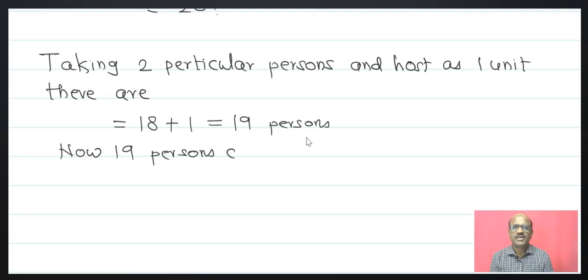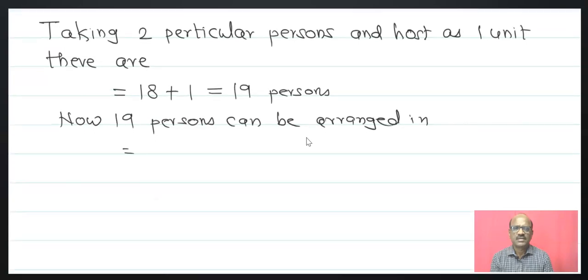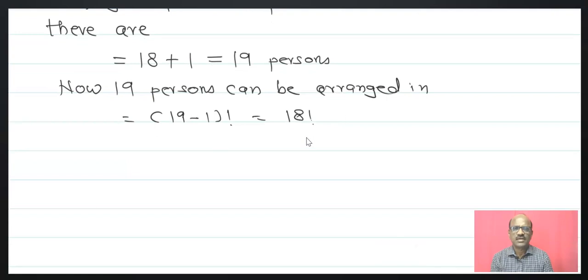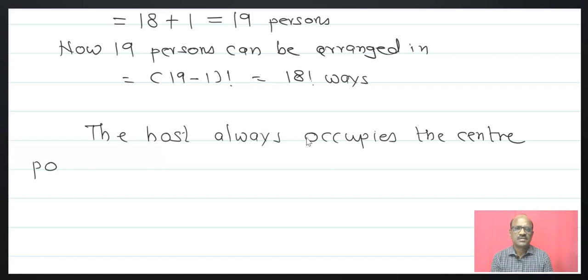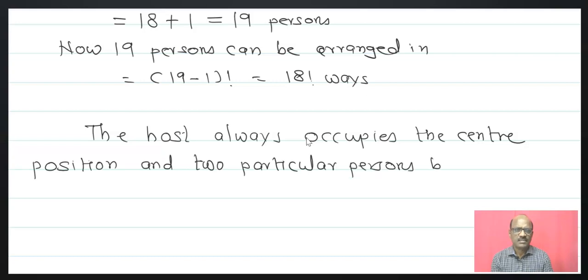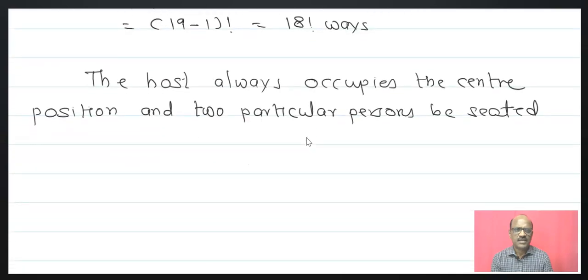Therefore, the 19 units can be arranged in 19 minus 1 factorial, that is 18 factorial. 18 factorial means the host always occupies the center position, and the two particular persons are seated on either side of the host.